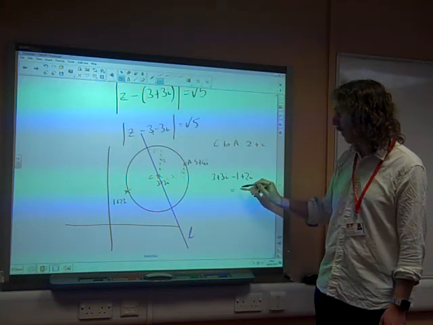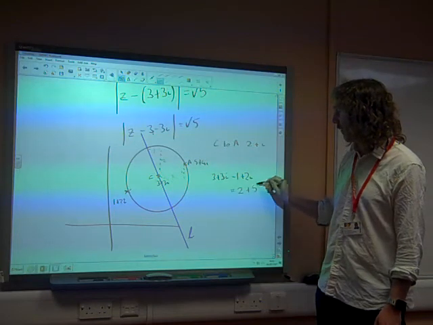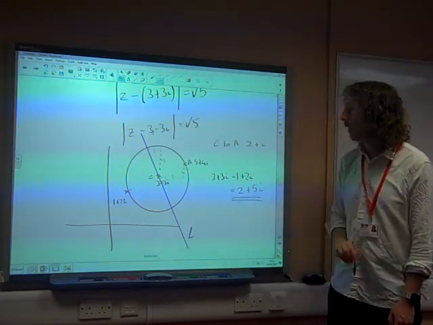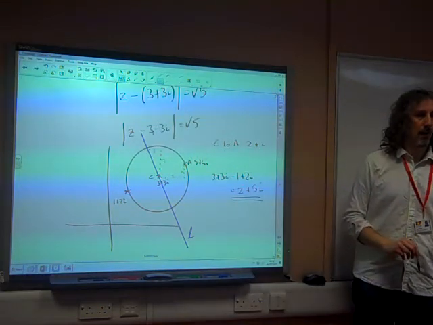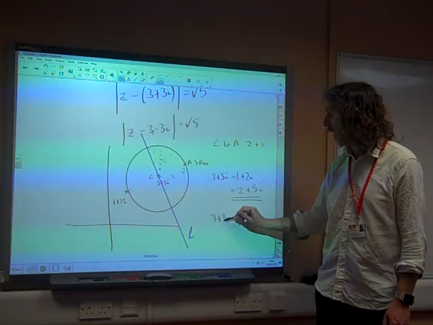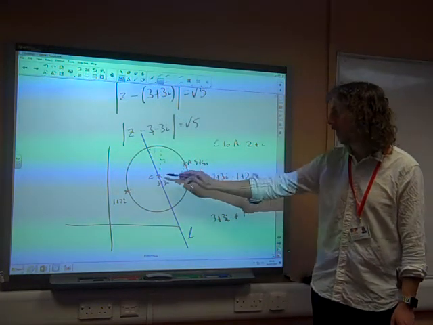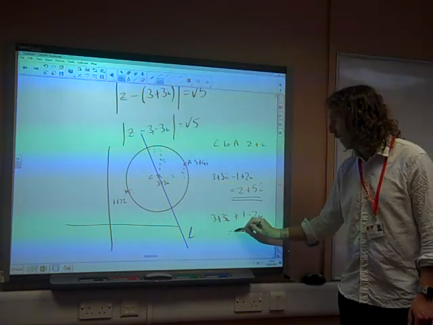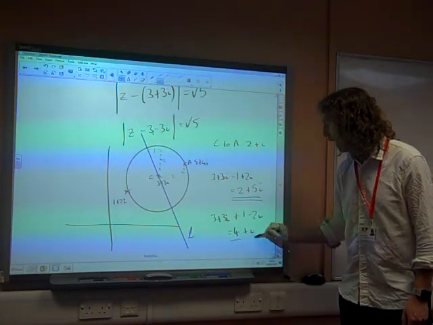So that point at the top is 2 plus 5i. Does that make sense? And that's one of our numbers, that's the point at there. And this point down here, to get to this point we must go across plus 1 and down 2. So that point is 4 plus i.